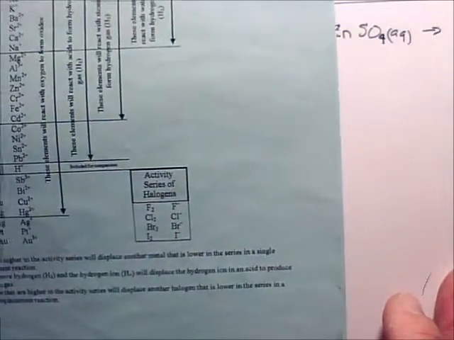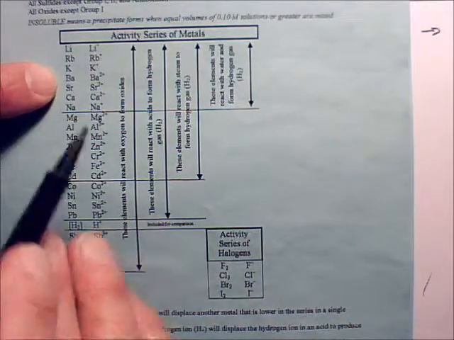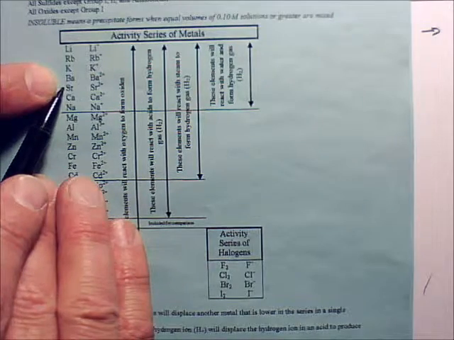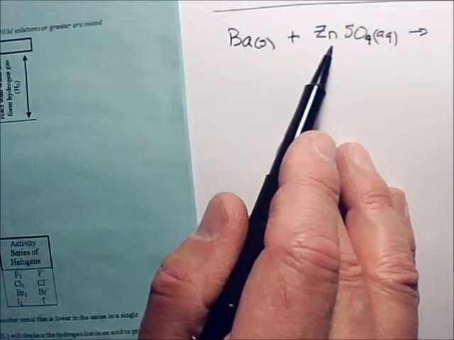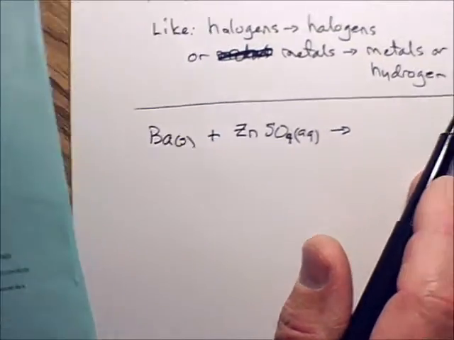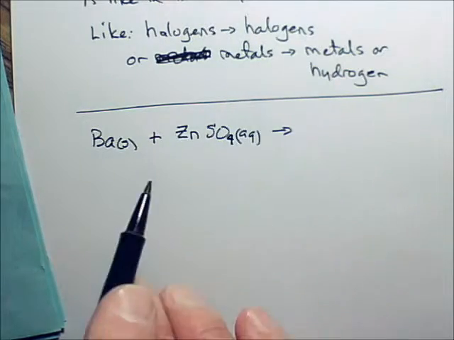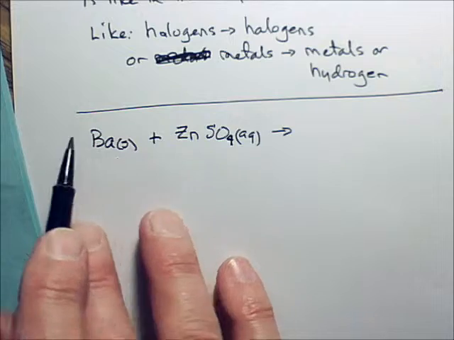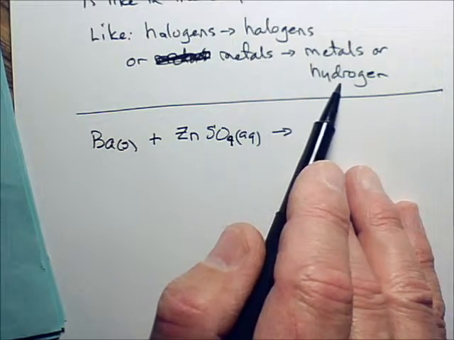Okay? And we'll look on the activity series here, and we can see that barium is right here next to my finger. And the element that's like it in the compound would be zinc. They are both metals. So we're talking about metals replacing metals, or metals replacing hydrogen. The element that's by itself as a metal can only replace metals or hydrogen.